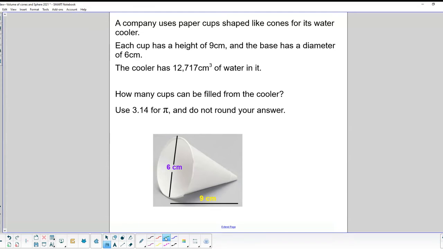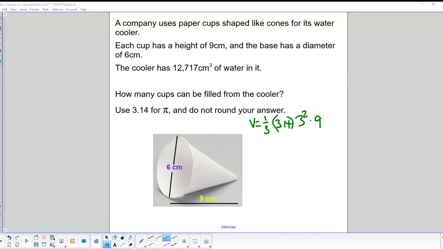All right, let's get started. The volume of a cup is 1/3 times 3.14 times the radius squared, so 3 squared because we have a diameter of 6, which means a radius of 3, and then times that by 9.